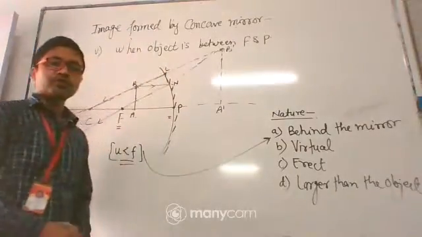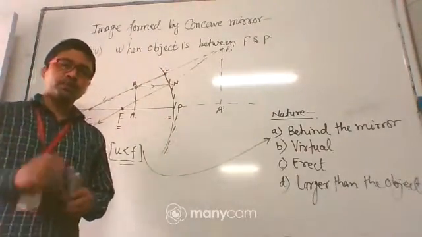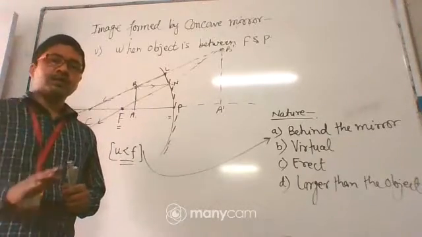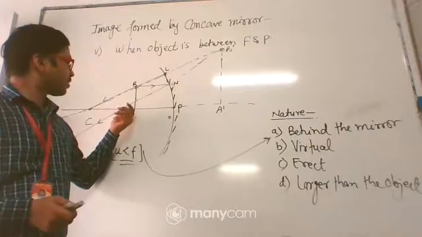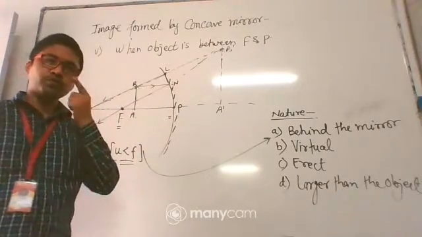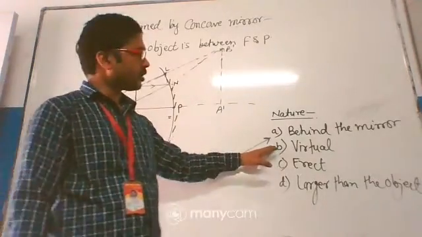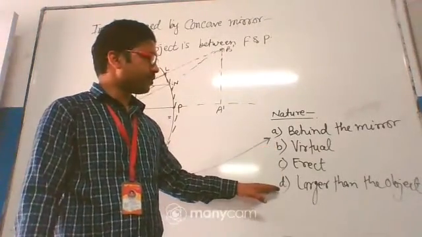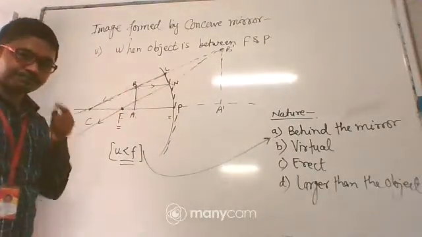So if you want to see a large image by a concave mirror, you should place the object very close to the mirror, or you can say between the focal length and the pole of the mirror. So you will be able to see the erect virtual image that will be larger than the object, right?